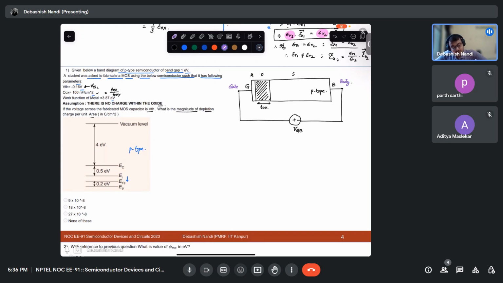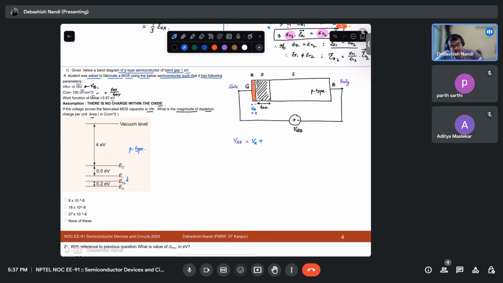So if I apply some VGB, how will the potential drop across the MOS structure? Where can it drop? Okay, first thing, this is a region, this is T, your metallic region. Will there be any drop of potential in metal? No, sir. There will not be any drop. Okay, so your V metal will be 0.